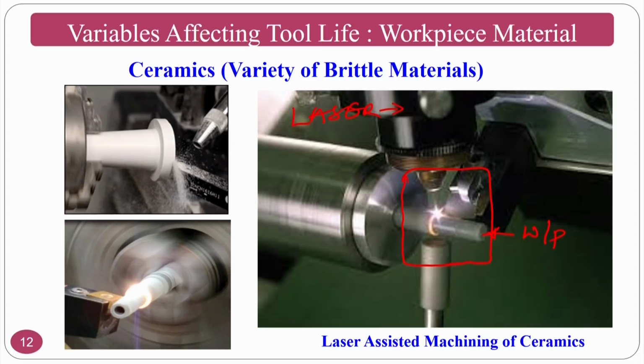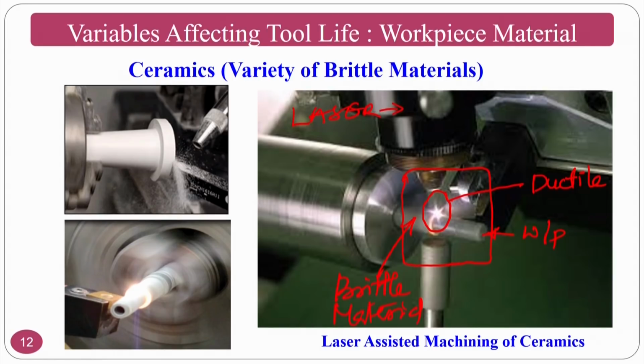What here is basically, the material is a brittle material, and because of the heat, that region converts into ductile, then machining is taking place. So the material is a brittle material, but because of the laser beam, which is a high temperature beam... But I am not saying that the laser is very high or something.